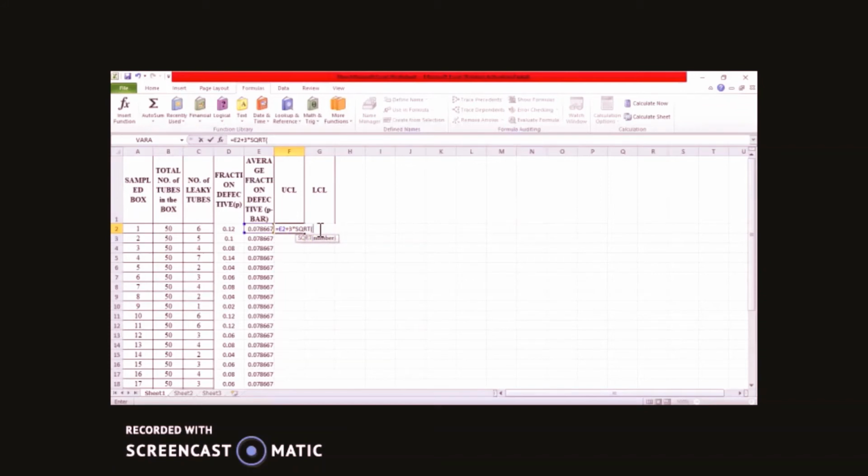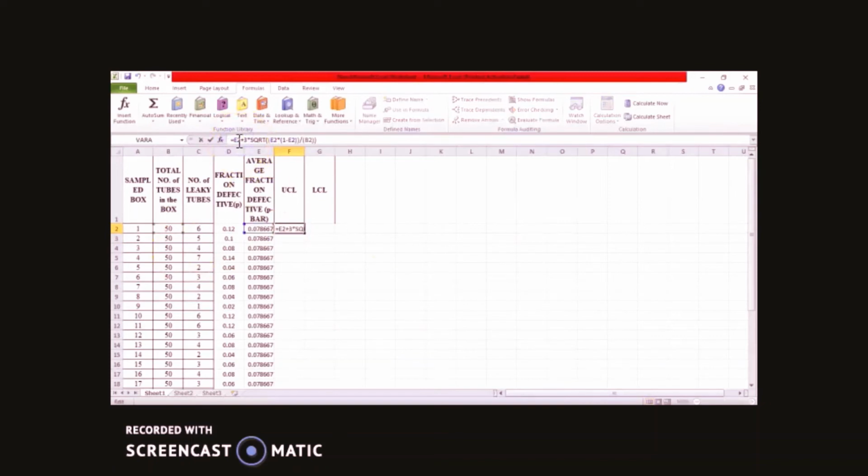So it will be written like this: P bar is again this value, into 1 minus your P bar, bracket close, divided by the total number of tubes in the box, right? So this way we got the value of your upper control limit.